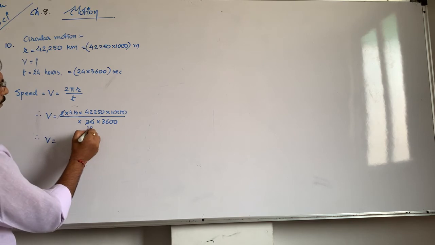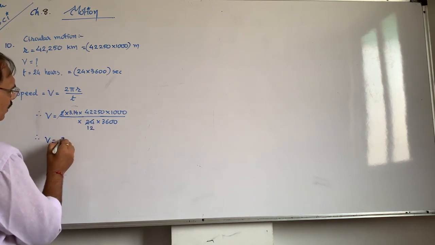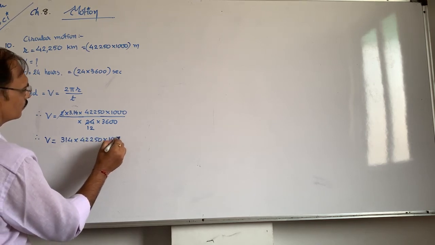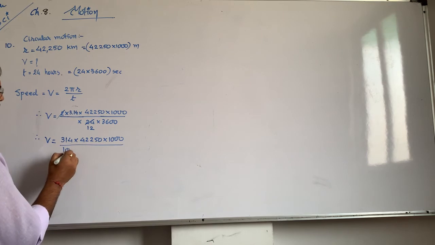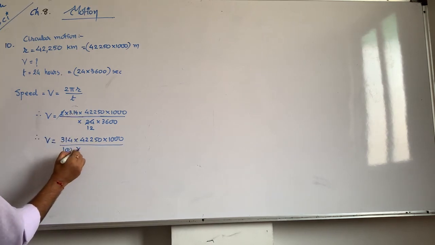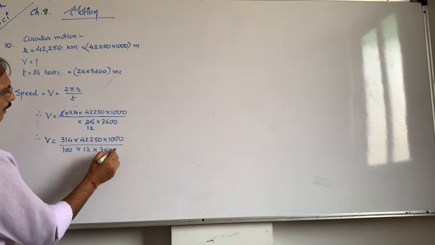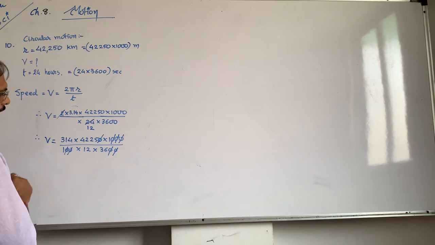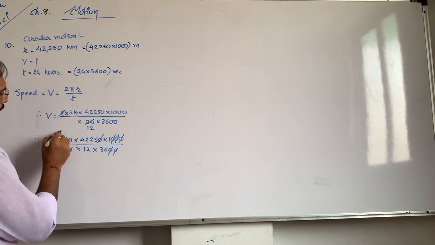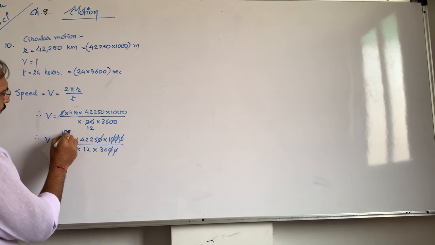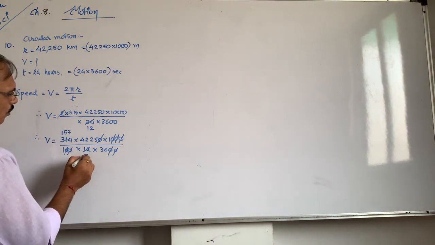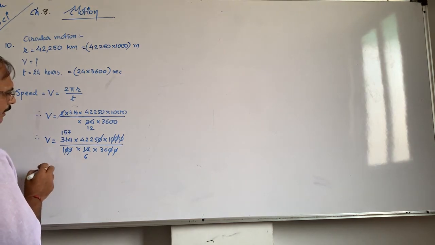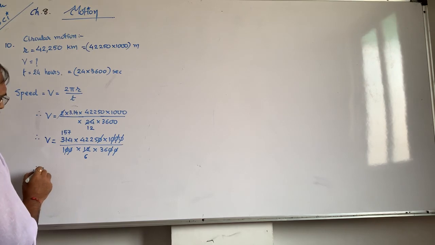See, 2 twelves are, here 314 into 42250 into 1000 divided by 100, decimal removed so I place 100. 12, 3600, cancel. Now 2 157s are, 2 sixes are. And after that it is not possible, so you have to multiply.